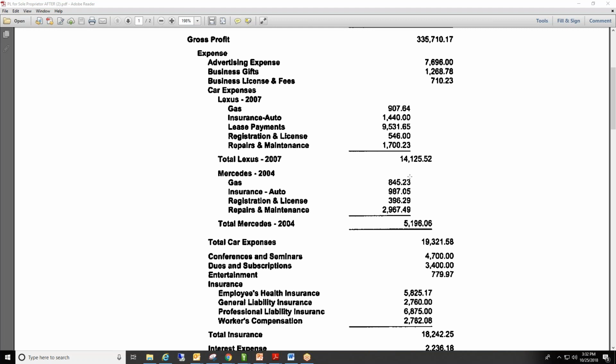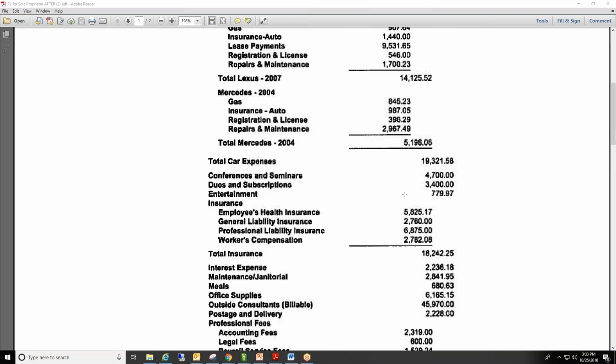So the Lexus of 14,000, maybe it was 75% business use, and then the Mercedes could be 10% business use. So depending on his entity, it could be some distributions in there if he's an S Corp. There'll be some wiggle room with the auto expenses.